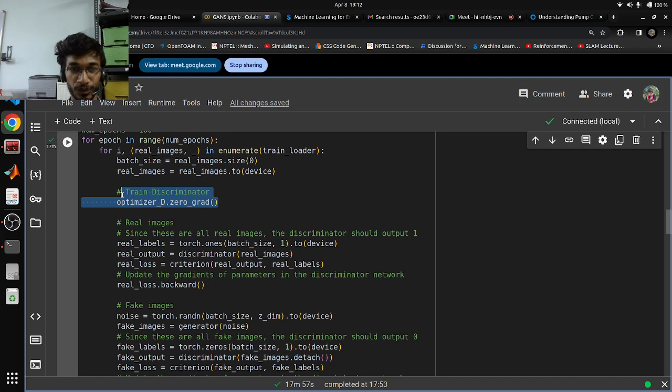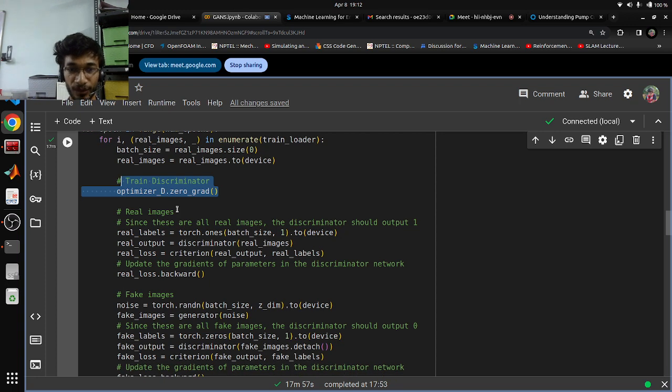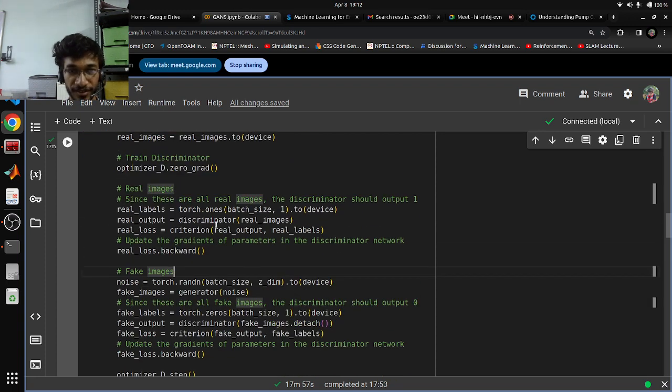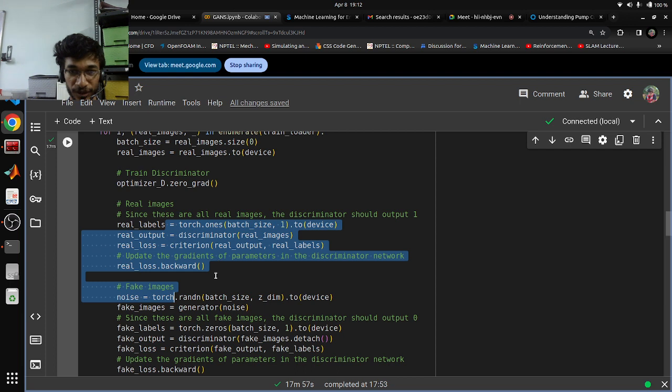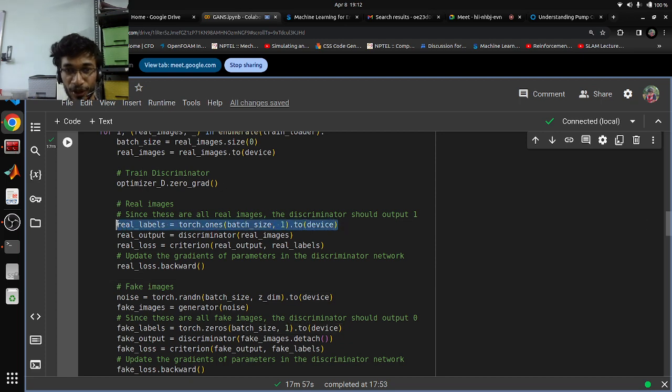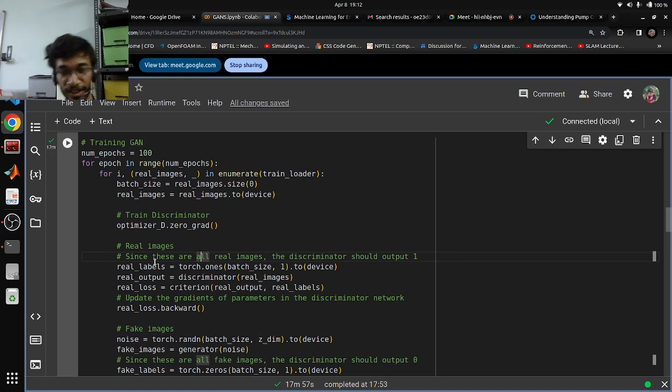For this iteration you need to set the gradient variables to 0, and you will compute those in this process. As I described when we talked about the loss, we compute the discriminator's output for all these real images, and the discriminator's job is to give output 1 for all of the real images.